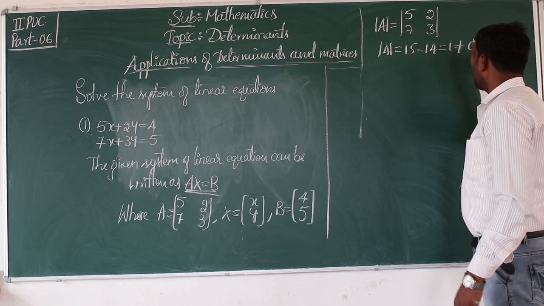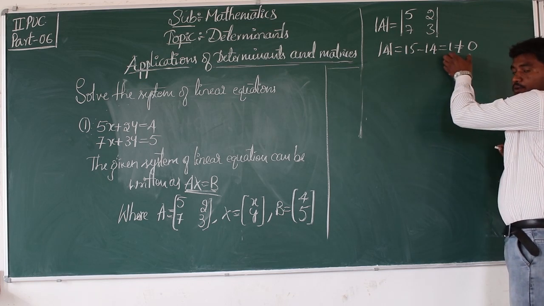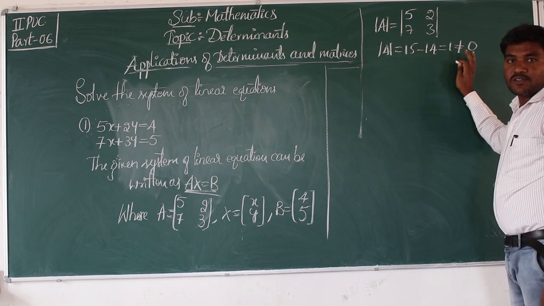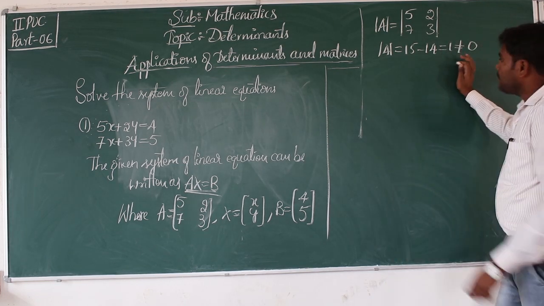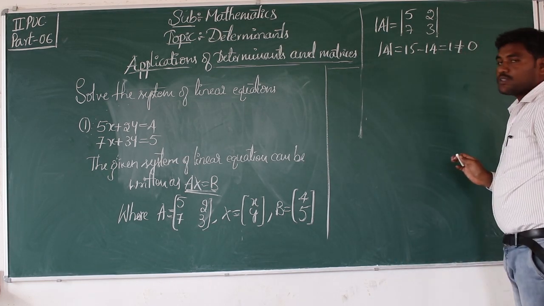Keep in mind that this must always be not equal to 0. If the determinant is 0, then x and y are not defined. Here 1 is not equal to 0.